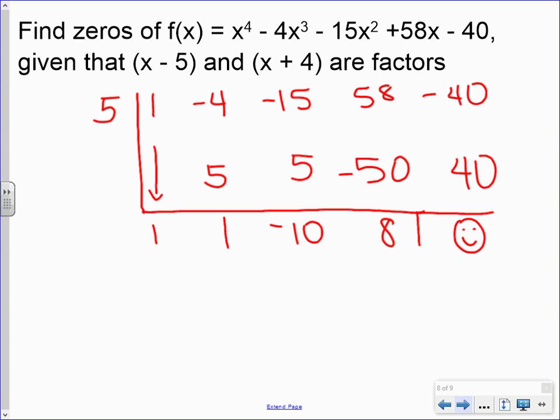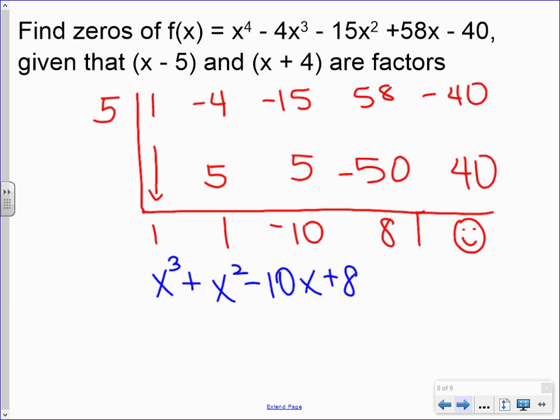All right. Now, we can take our 4th degree polynomial and divide out x plus 4, but that's not going to help us very much. What we're left with here is x to the 4th. Since we started out with a fourth degree polynomial, we are left with x cubed plus x squared minus 10x plus 8.